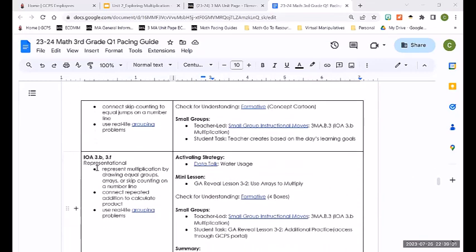You will also notice IOAs 3B and 3F are clustered throughout this part of the unit. This is because practical and relevant problems are used as students learn to represent multiplication. Here is an example of a Georgia Reveal lesson being used to support instruction with arrays.